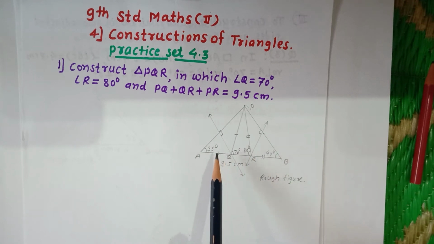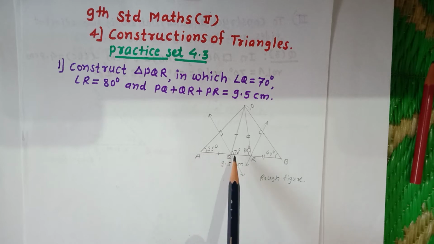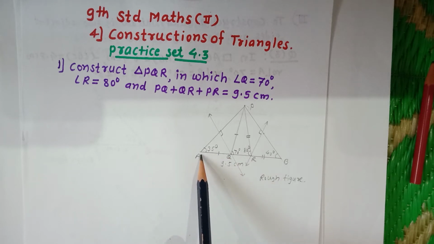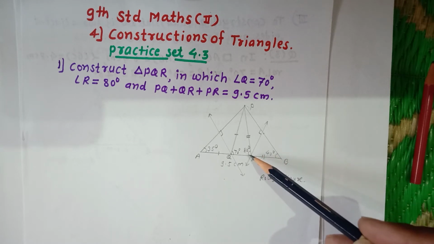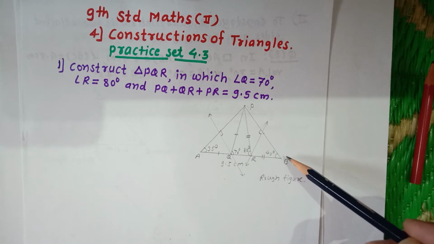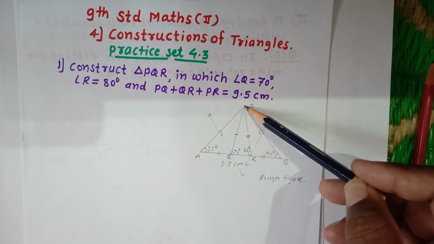And so we have to draw the ray making an angle of 35 degree, that is half of 70 degree at point A, and then draw the ray making an angle of 40 degree, that is half of 80 degree at point B. Extend these two rays, they meet at point P.